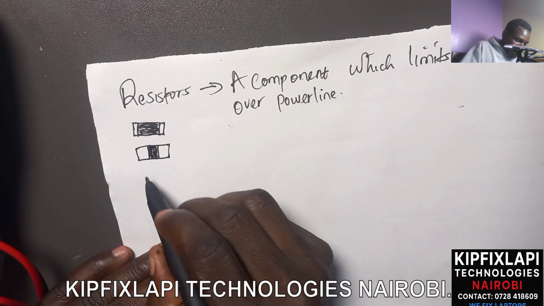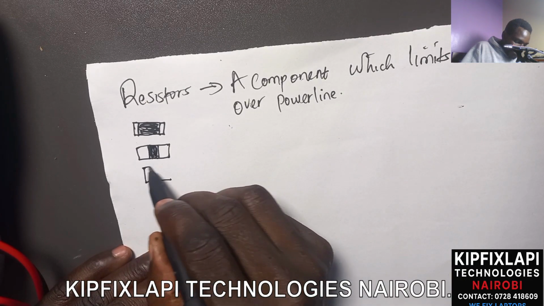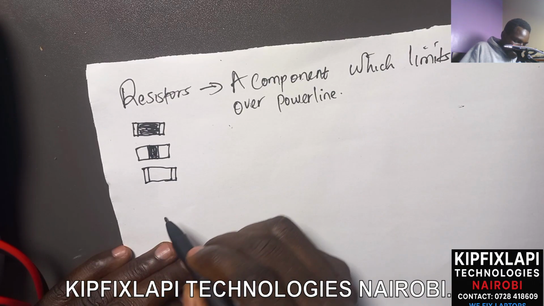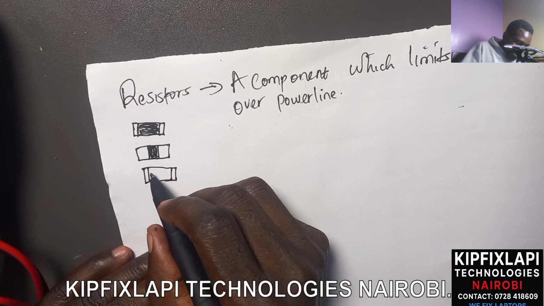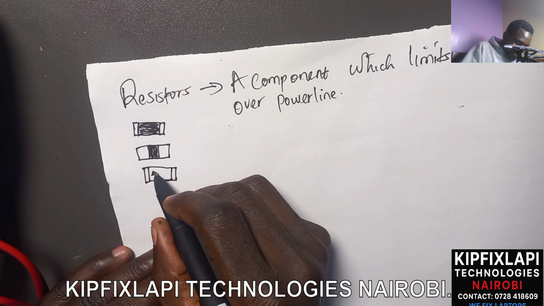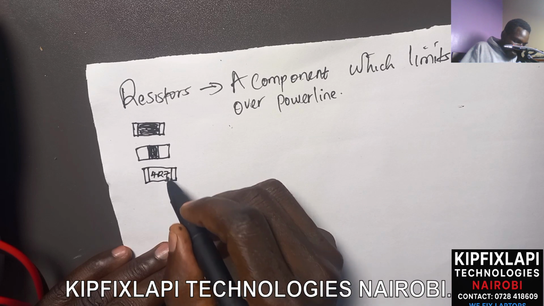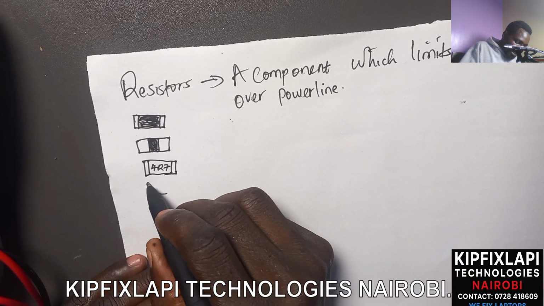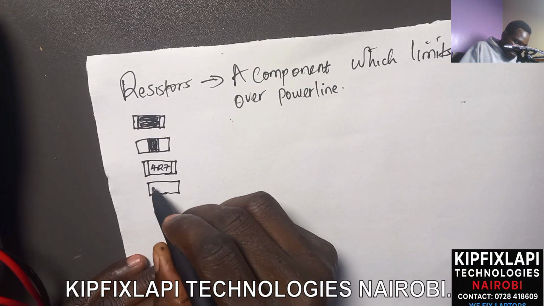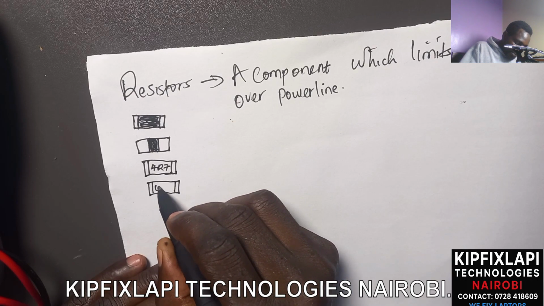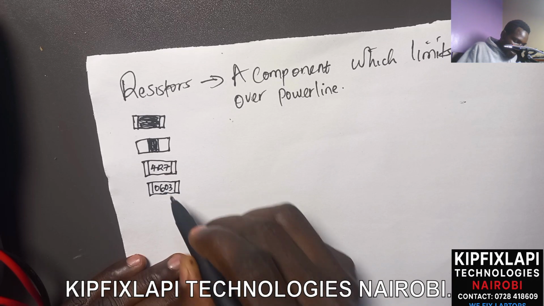Sometimes you find a resistor that is black that way, but in the middle it has some writings on it. You could find this written maybe 4R7. That 4R7 means something. You could find a resistor which is this way, and in the middle there's a certain number written on it, maybe 0603.